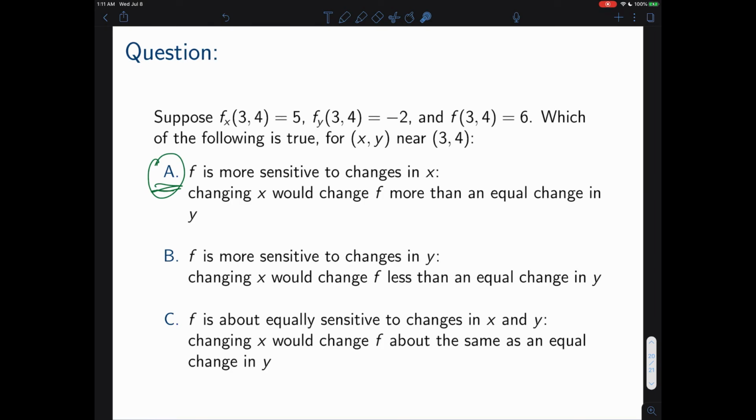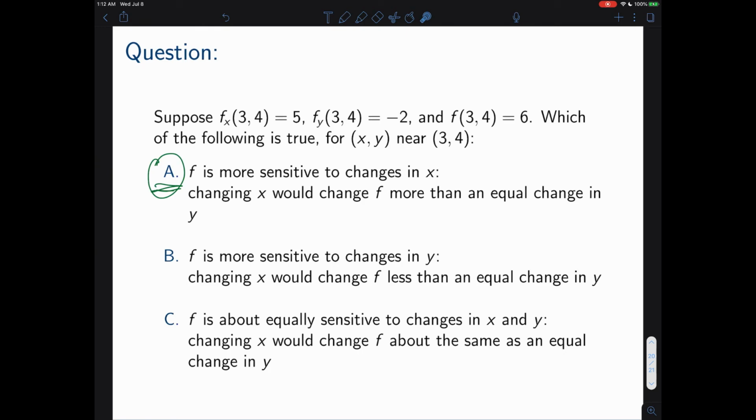This question is just asking about the amount of change. And a 5 unit change is a bigger change than a 2 unit change. So it's more sensitive to changes in x, at least in this region near 3, 4. At a different point, maybe the curvature tilts it in a different way, and it might be a different story. But at this point, that's what's going on.